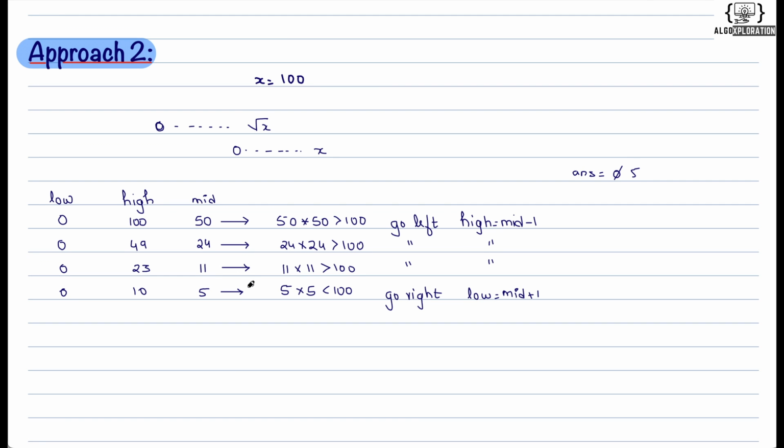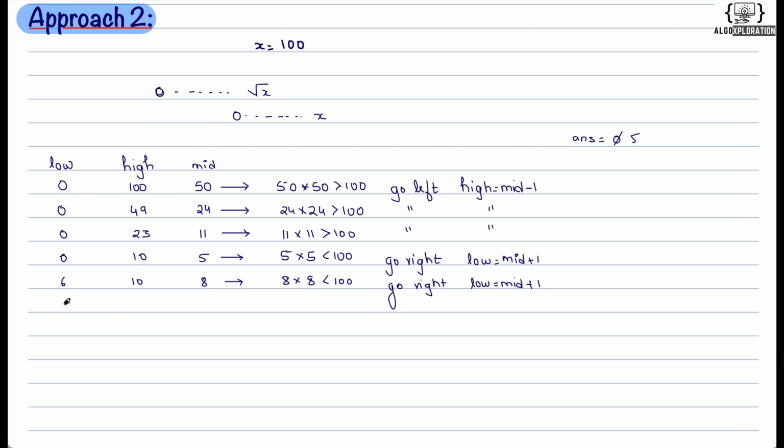Okay, now since I want to go on the right hand side, so this will be 6, 10, 6 plus 10 whole divided by 2, it will be 8. Now 8 into 8, again it is lesser than 100. So go right. So low is equals to mid plus 1.